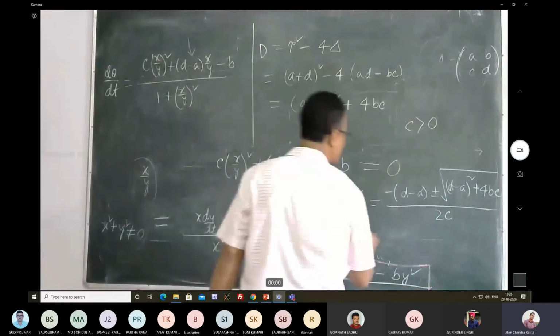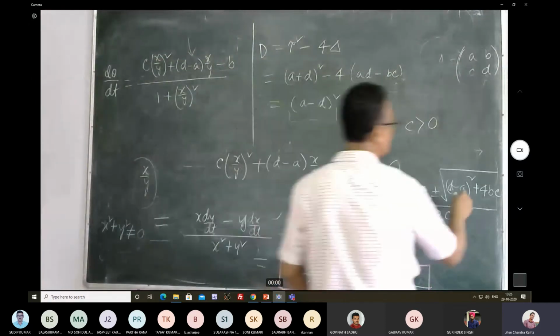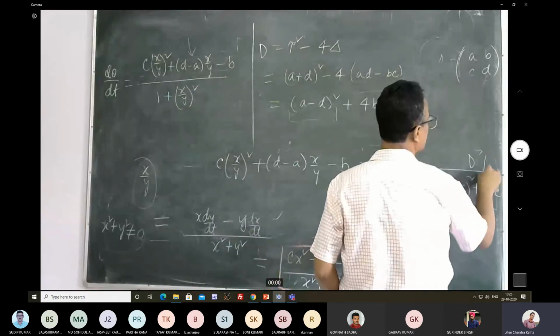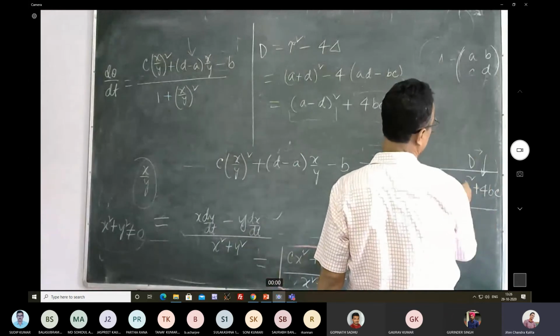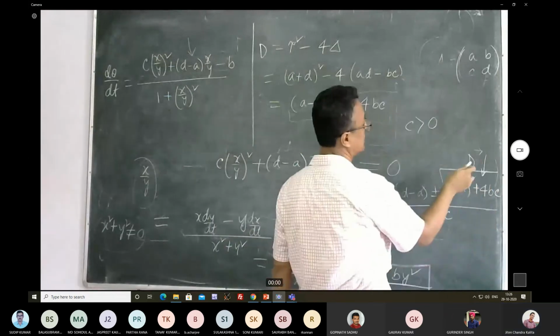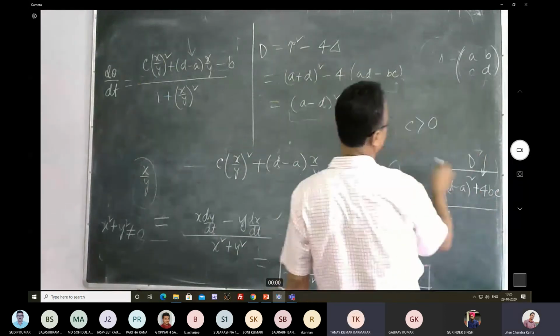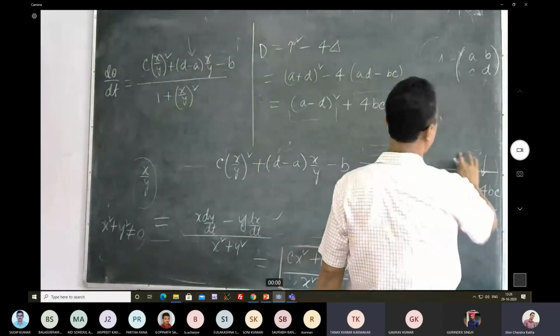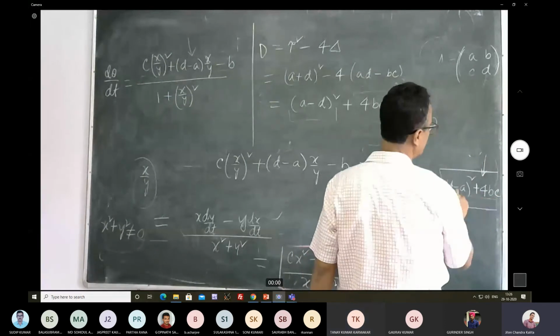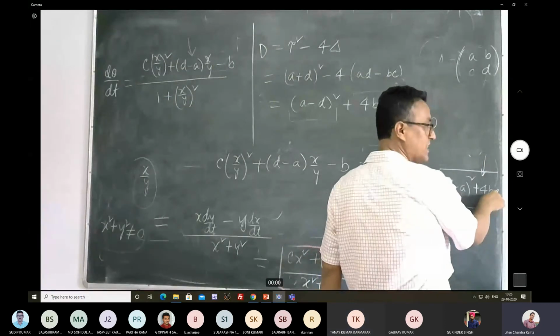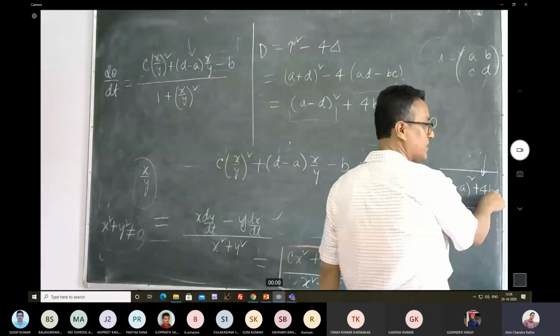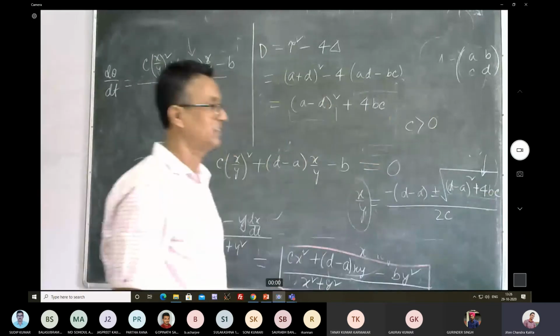If x by y is to be real, this discriminant, I mean, of course, this is d squared, must be greater than 0, isn't it?